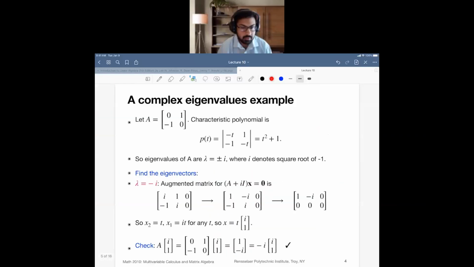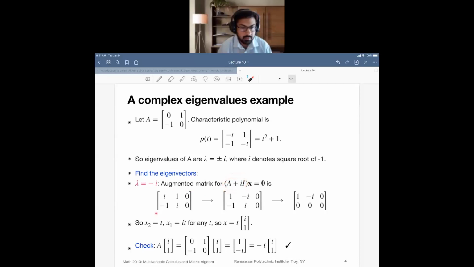But in any case, I will go ahead and lay out all the details here. The only thing left for me is lambda equals negative i, the second eigenvalue. I'm going to find its corresponding eigenvectors. I've set up the similar augmented matrix, in this case A plus small i capital I times x equals 0. So I'm trying to find the null space of A plus iI.